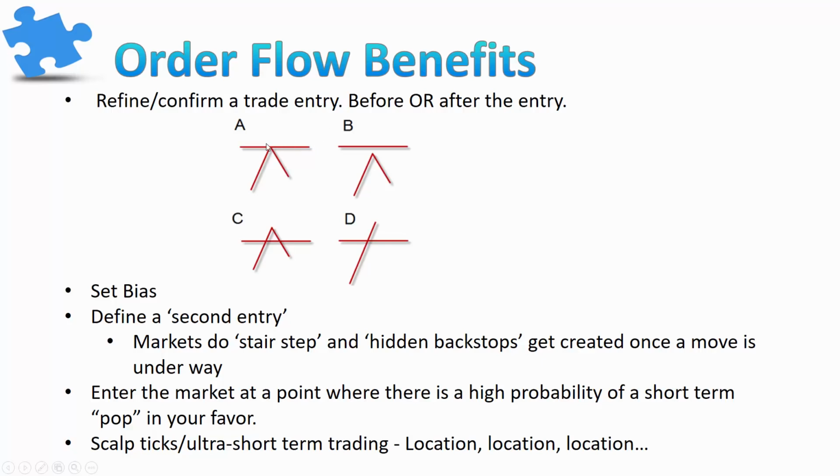We could, for instance, if we're interested in fading that level, put an order in before the level, and maybe have a wide enough stop, which allows it to move through and come back and still stay in. But if we have an entry before the level and a stop right up here, that's going to mean that on your losing trades, you're going to be losing a lot of money.